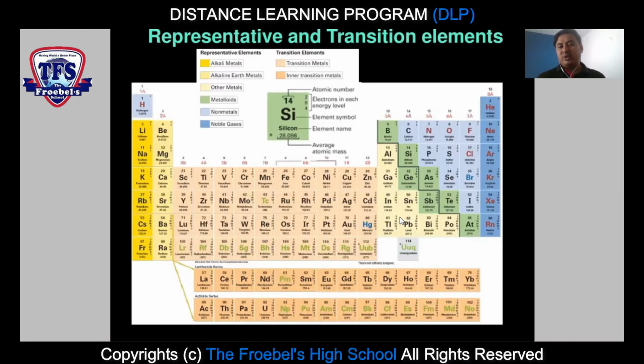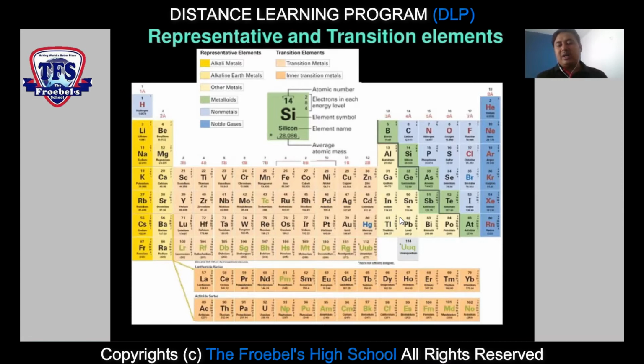So we have 1, 2, 3, 4, 5, 6, 7. And in a few books I read about polonium. Polonium is also claimed by a few scientists to be a metalloid. Anyhow, 7 standard metalloids we have.